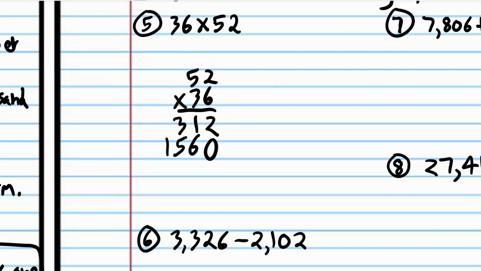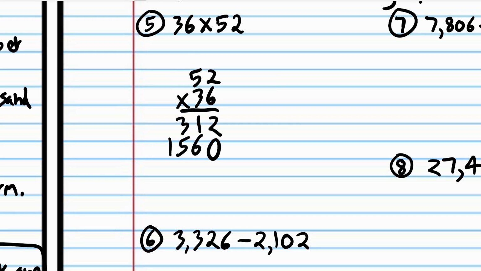All right, so 6 times 52 is this number, and 30 times 52 is this number. But again, you don't really need to know that. You just need to know the algorithm. So now we add these two numbers.